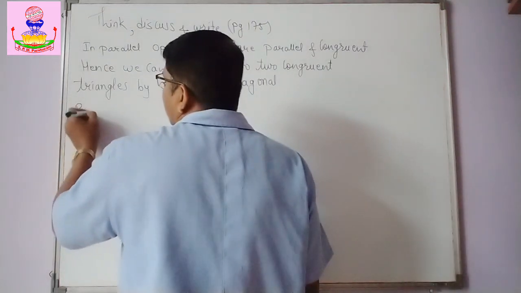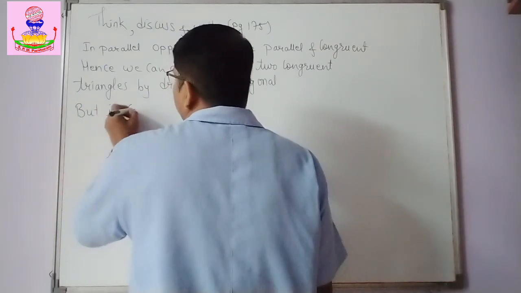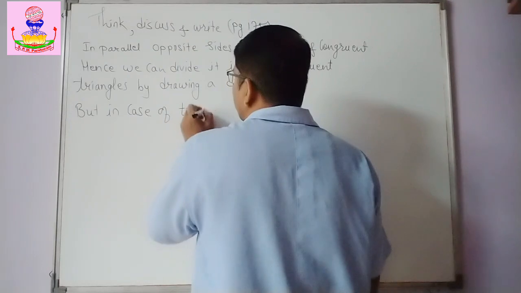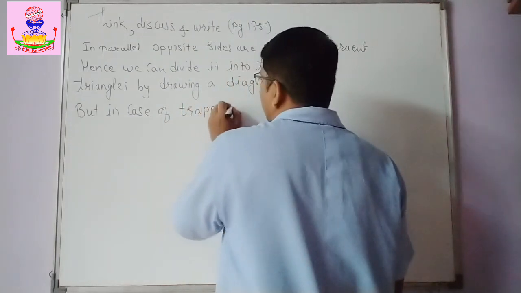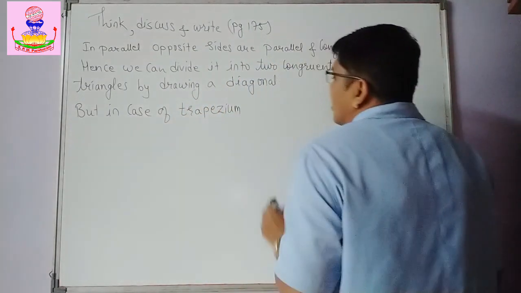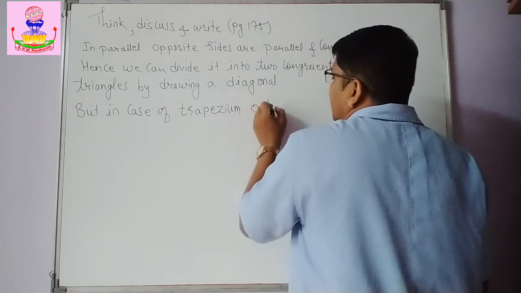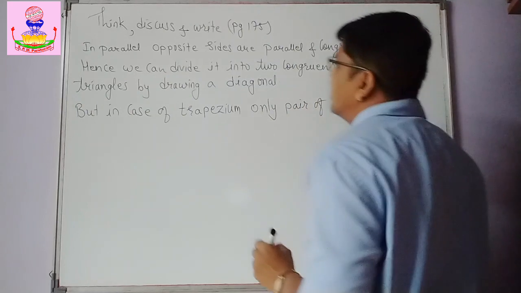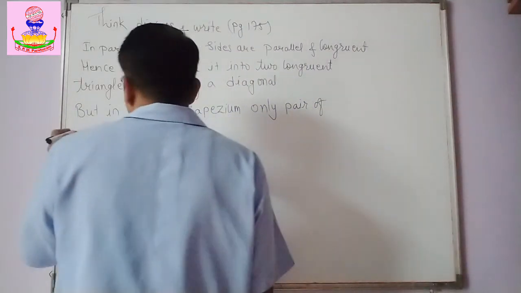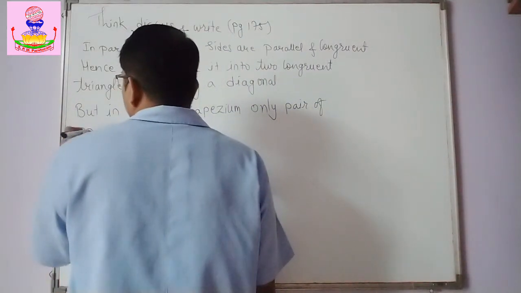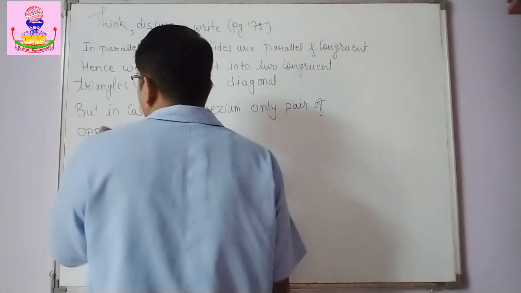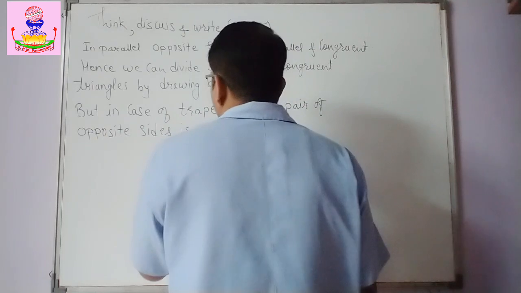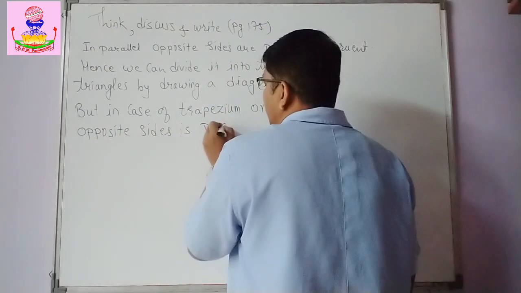But in case of trapezium, only one pair of opposite sides is parallel.